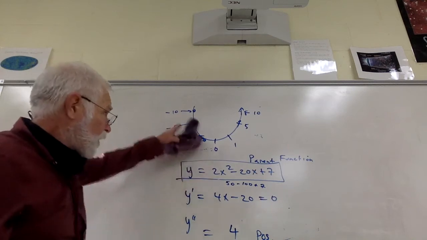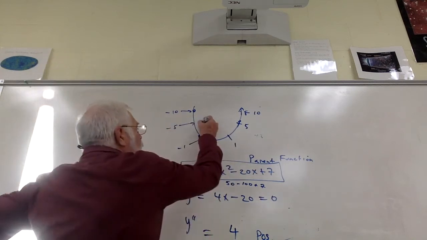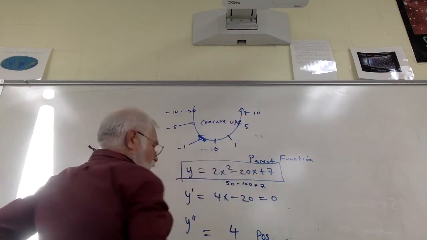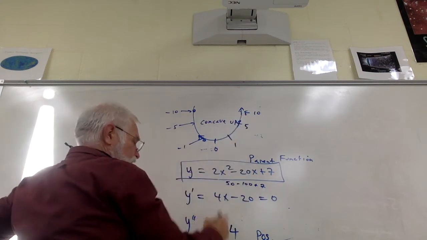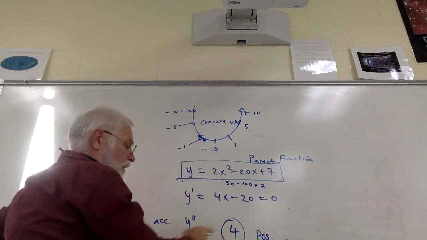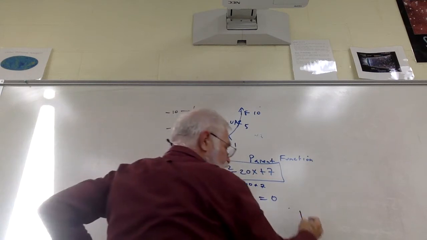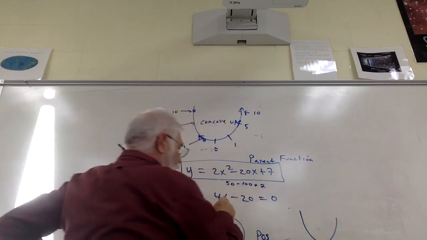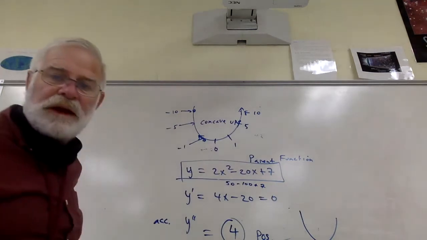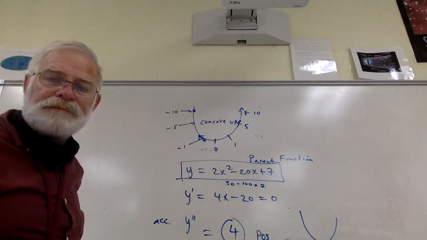If the slopes are going up, we get a shape that we call concave up. So this second derivative, which is all about acceleration, tells me that I have a shape that is always concave up. At 5, I have a slope of 0. That's another way to show that it is a minimum.